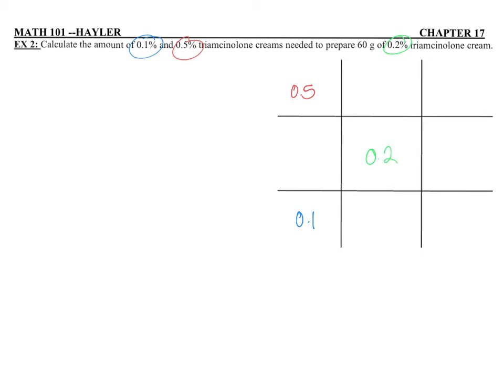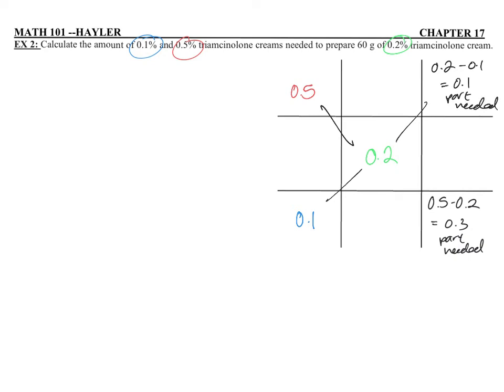Then we'll go ahead and take those differences like we did before. 0.5 minus 0.2, and we get 0.3 part needed. Then we'll do the other subtraction. We'll get the 0.2 minus 0.1, which is going to be 0.1 part needed. Let's go ahead and follow the steps above.